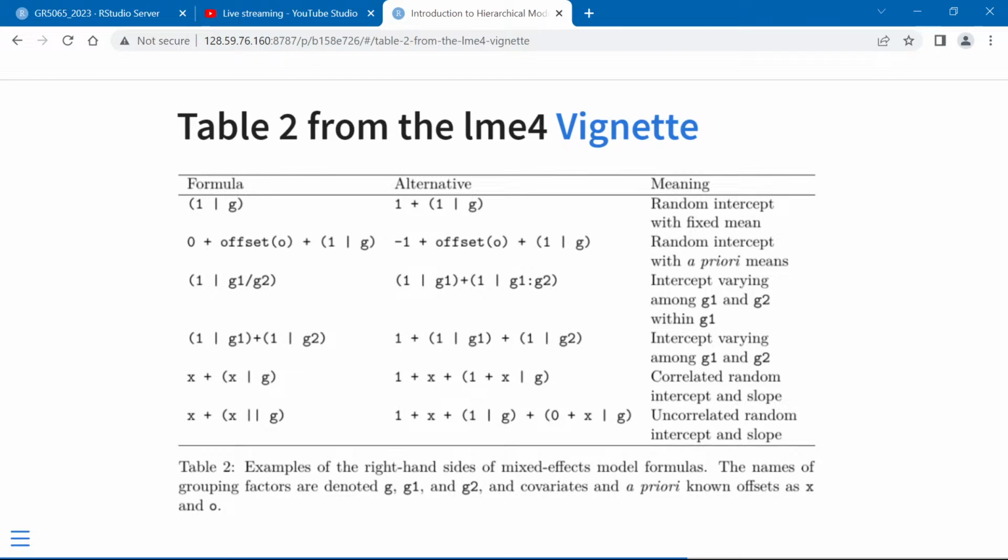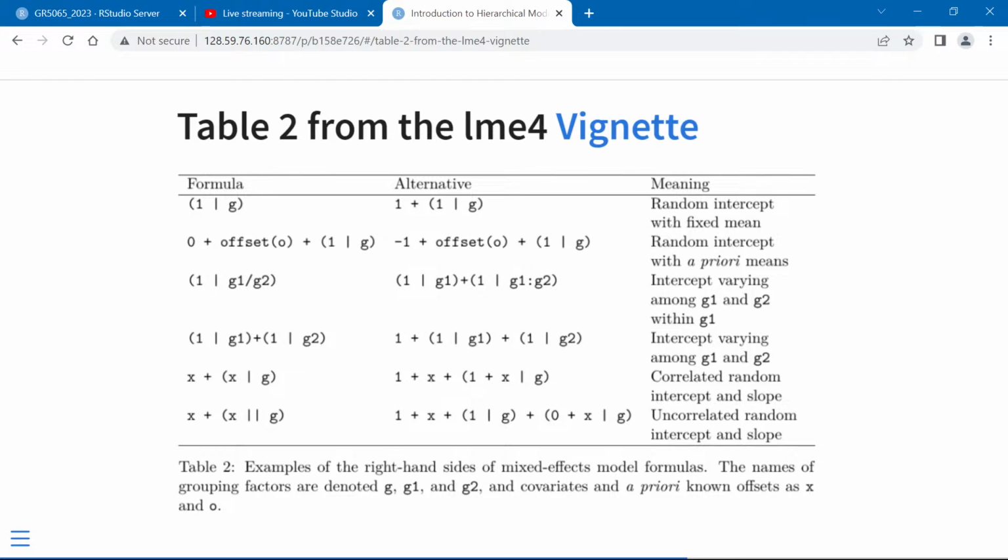So this is part of the vignette from the LME4 package, which is an extraordinarily popular R package for specifying and estimating multi-level models using point estimation. So it is basically frequentist, even though some of the people who contribute to LME4 are somewhat Bayesian. But anyway, the R syntax for this is to put things in little parentheses and have a vertical bar. Now that vertical bar doesn't mean given, and it doesn't mean or.